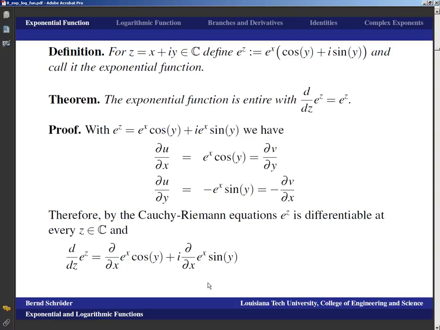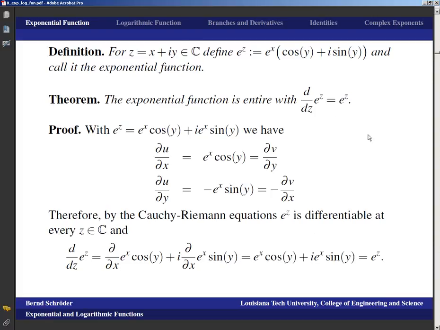That was one bad panel here. I hope we don't have any more problems like that. And those derivatives are e to the x cosine y plus i e to the x sine y. And that, of course, is exactly what e to the z is. And that means the derivative of the exponential function is the exponential function itself.